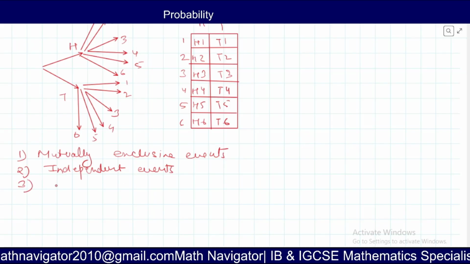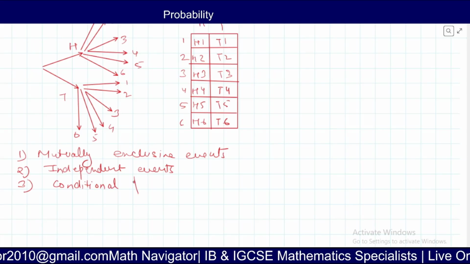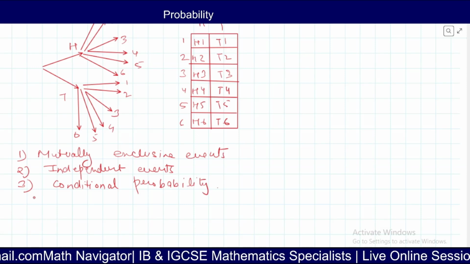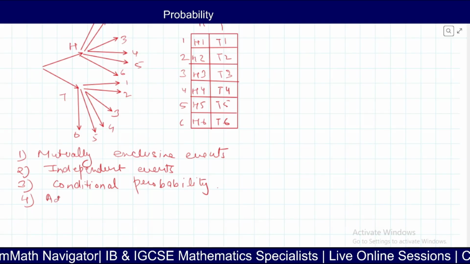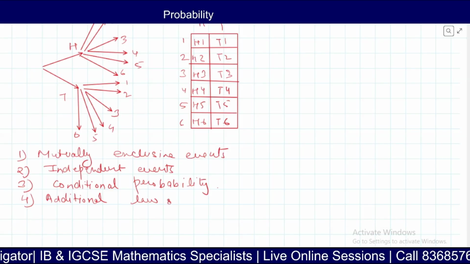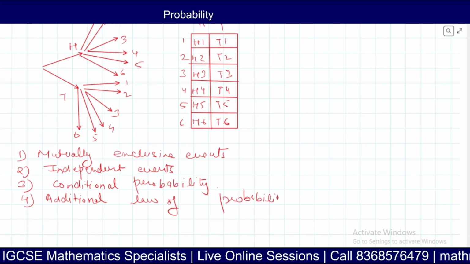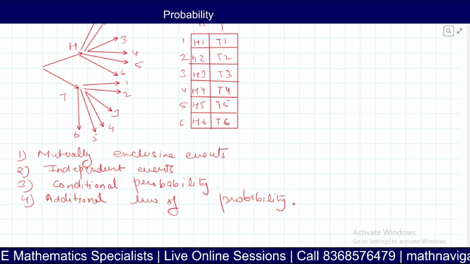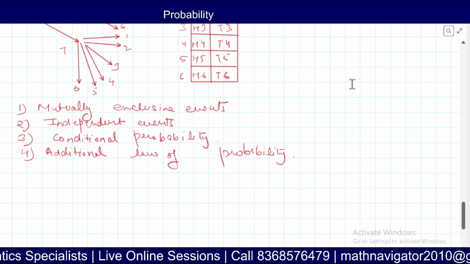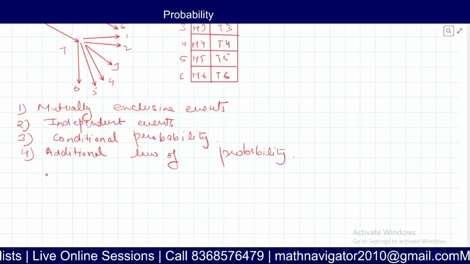Then we have conditional probability. And then we have the addition law of probability. Right. So first we'll understand what is the addition law of probability.